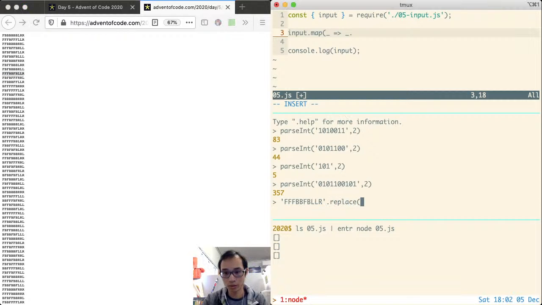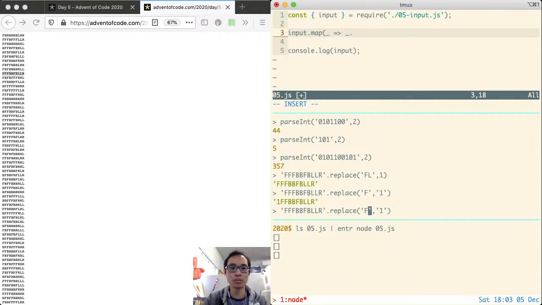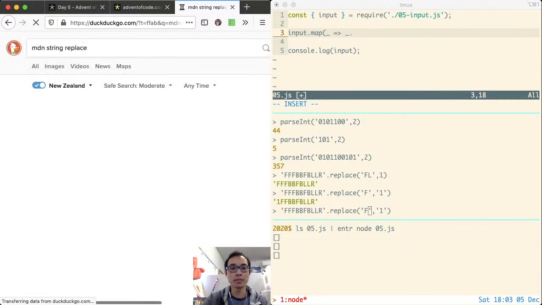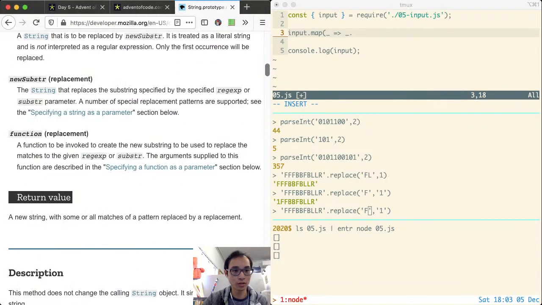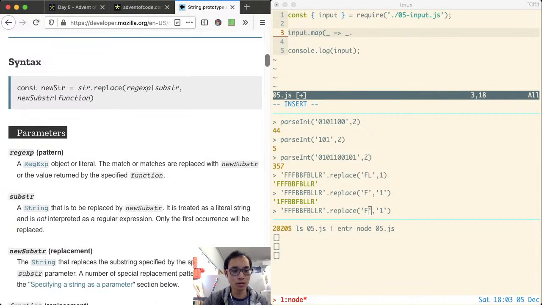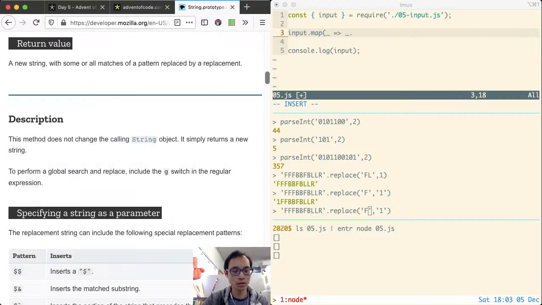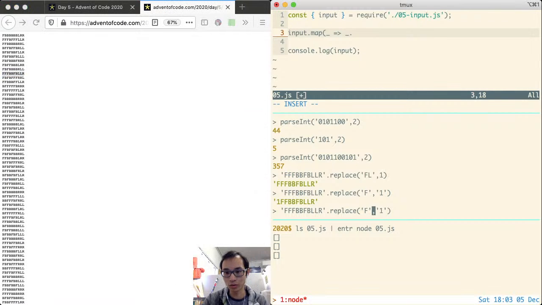Dot replace F with 0, L with 0. You know what? I'll do it like this since with a regex string only the first occurrence will be replaced. Isn't that annoying? Include g in the regex. All right, so apparently we need to do something like this.